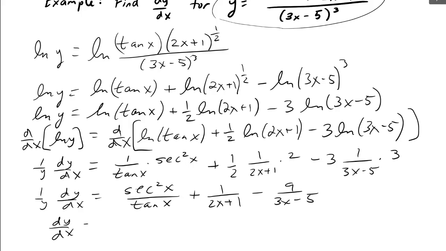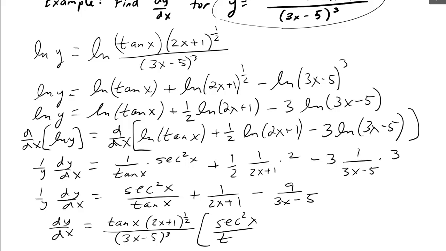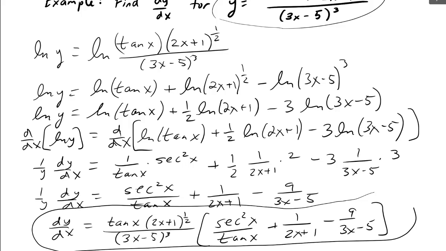I'm going to solve for dy dx, in other words, by bringing the y over, and then just substitute back what y was originally. So tan x times 2x plus 1 to the 1/2, or if you want to write it with square roots, okay, 3x minus 5 cubed, and whatever was left inside. And there's my answer. And that's logarithmic differentiation.